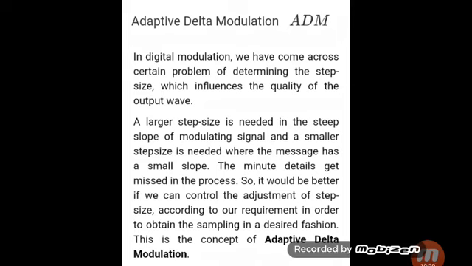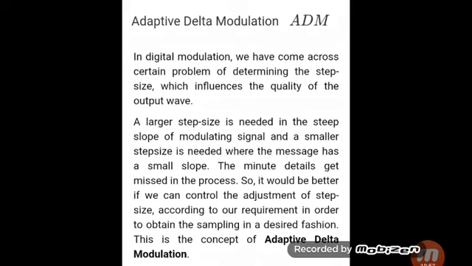The main disadvantage of delta modulation is that slope overload noise occurs. By using adaptive delta modulation, the slope overload noise is eliminated.